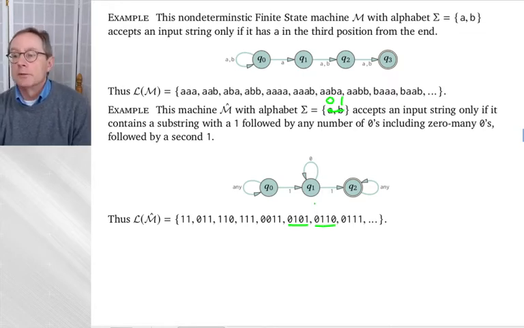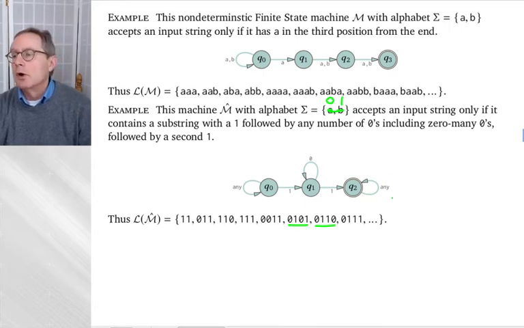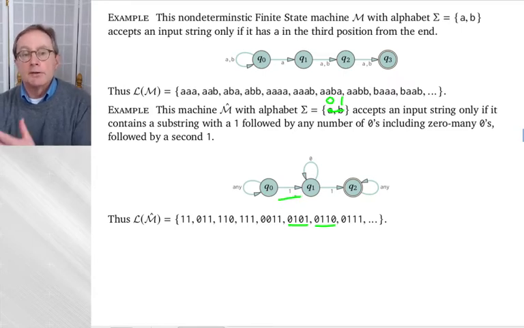And it's a non-deterministic device, so it allows any symbol here, including 1. So leaving Q0 is more than 1 1. But once it gets here, it sees that 1 and makes the leap to going right. It's allowed to accept any number of zeros, and then it sees a second 1.